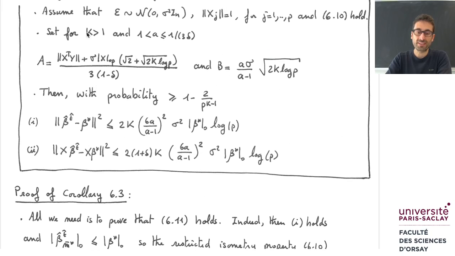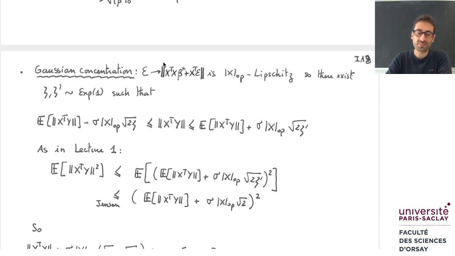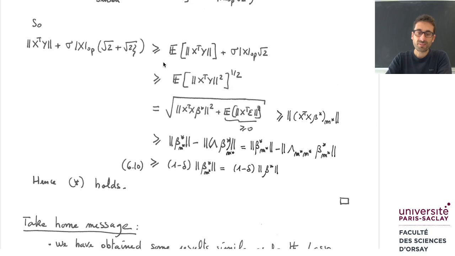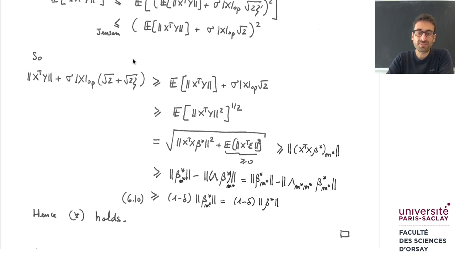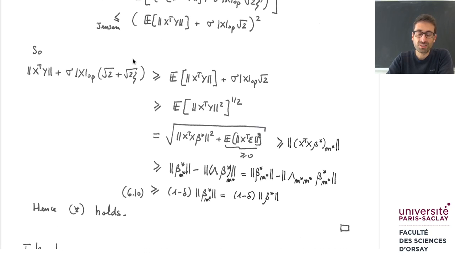Now if I look at A, what I will do is replace xi by k log p, right? If I replace xi by k log p in this bound, it will hold with k times log p if xi is smaller than k times log p, and the probability that xi is smaller than k times log p is at least 1 minus 1 over p to the k, right?